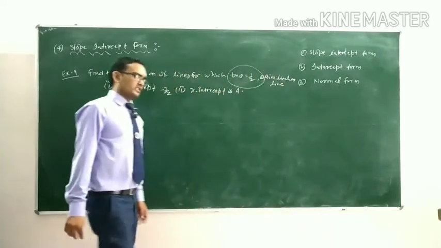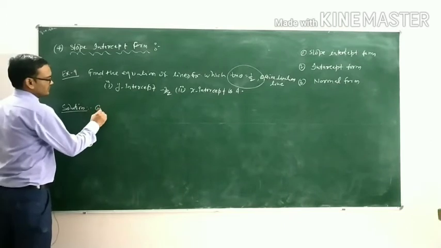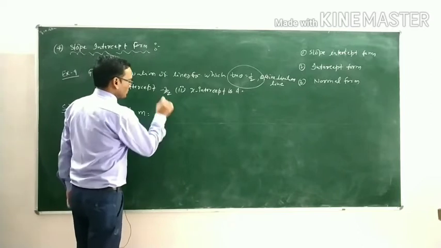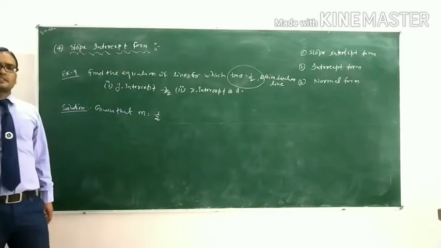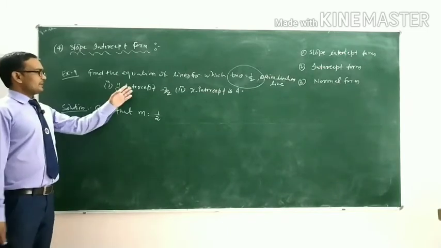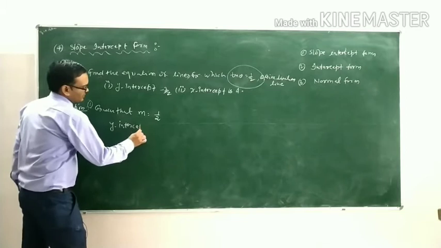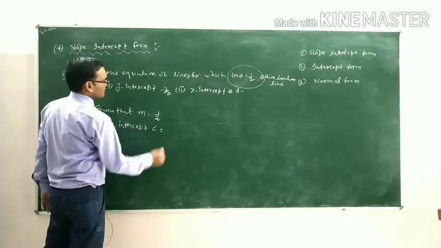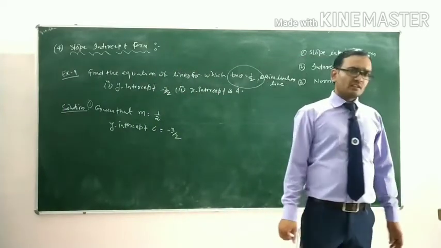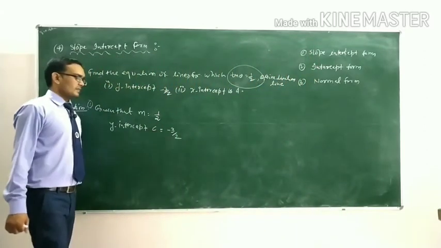In this question, given that m equal to 1 by 2, tan theta is m equal to 1 by 2, and y intercept, that means c equal to minus 3 by 2. Y intercept is the c, and in this question given that the value of c equal to minus 3 by 2.